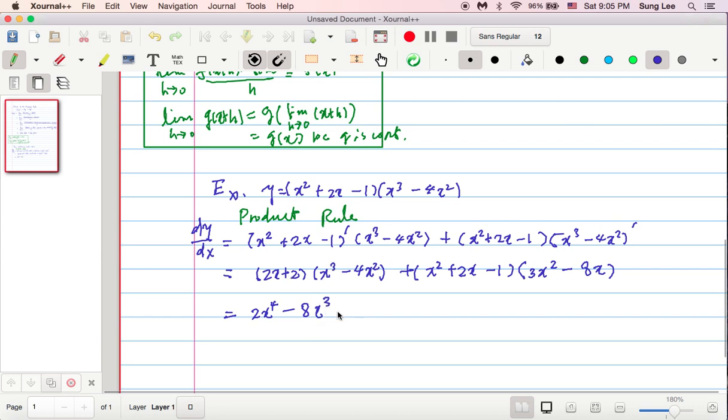And now 2 times x cubed, and then I have negative 8x squared. I do the same thing here.